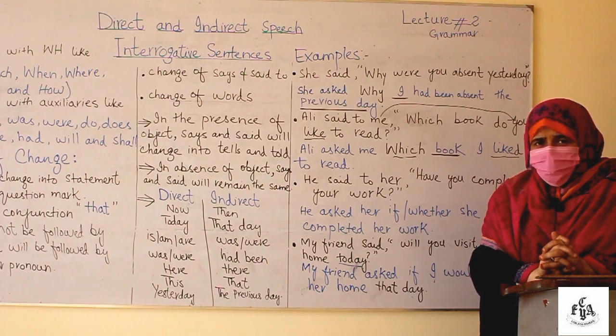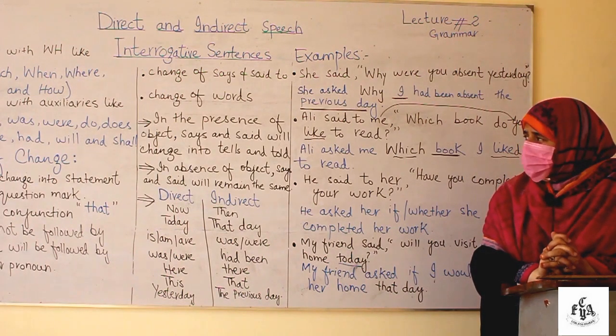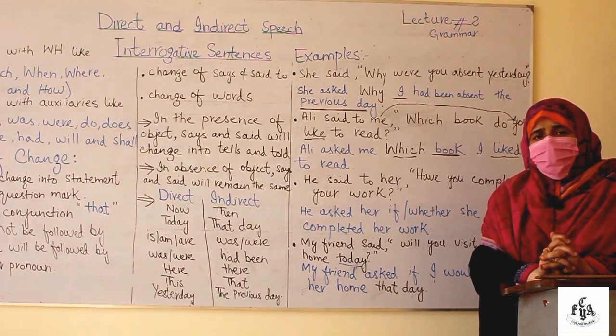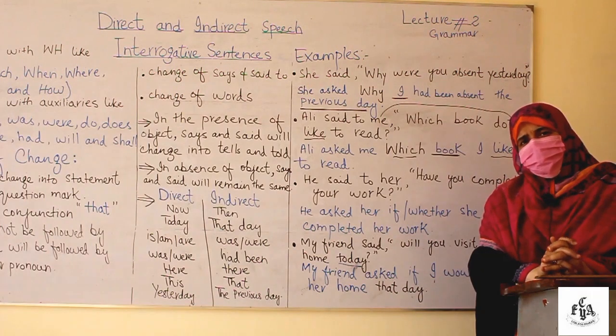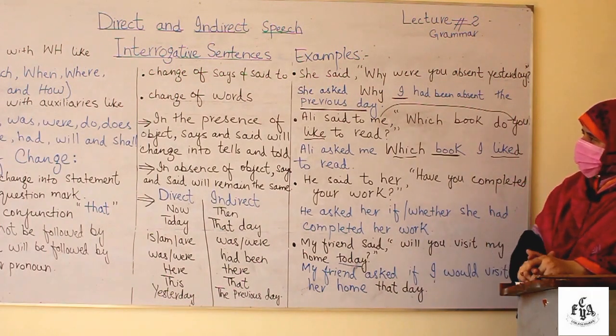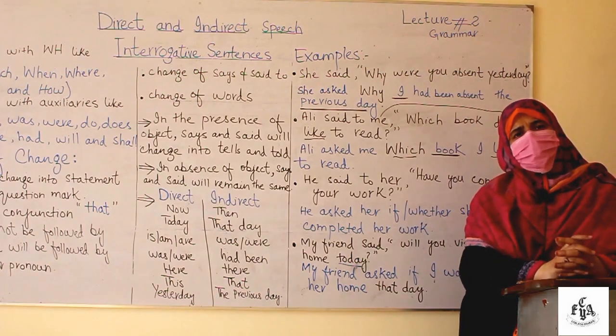While changing that into indirect speech, you remove the question mark, WH will remain the same, and removal of the auxiliary and change of tense will take place. Then we are going to do who. Who and how are left.